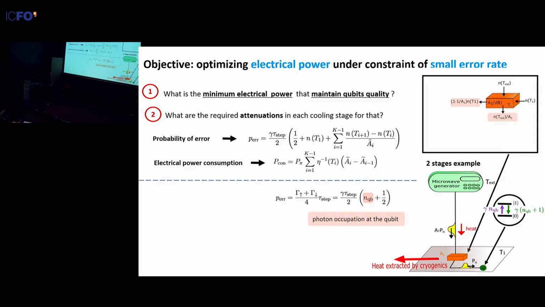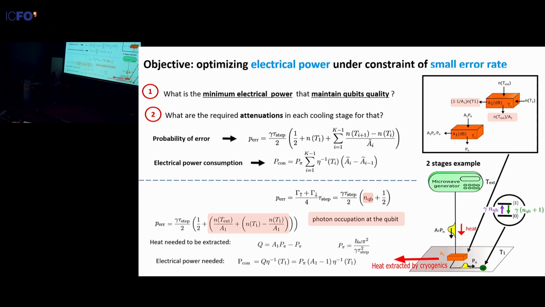So we can see here that the attenuator reduces the thermal noise coming from the upper stage by the attenuation factor, but as the attenuator is at a certain temperature T1, it adds its own thermal noise. And N here is the Bose-Einstein function. So this is the basic mechanism behind this N_QB, and so behind the final expression of the error probability.